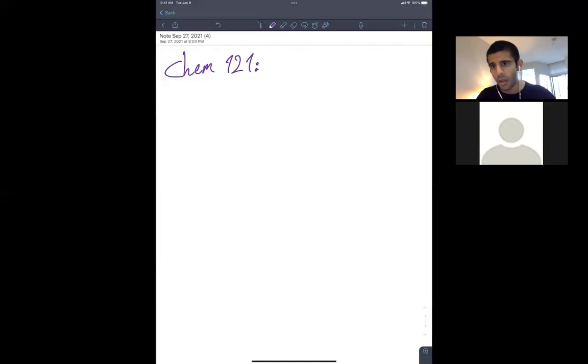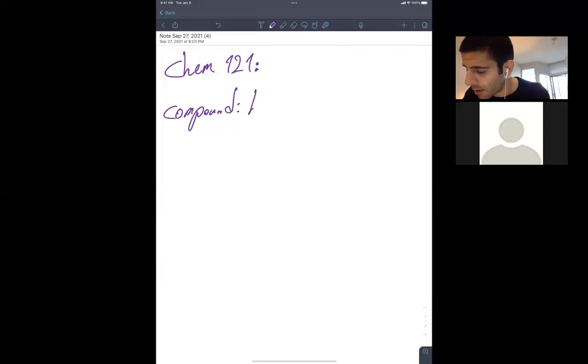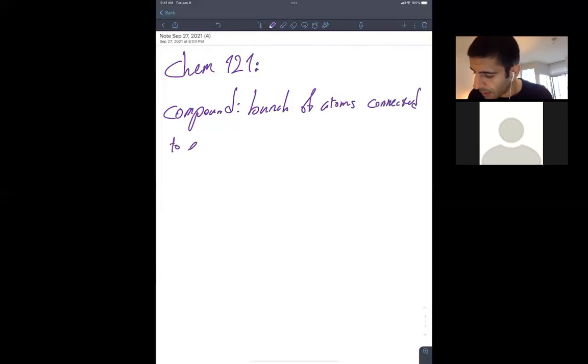When you look at your textbook, it's going to start with compounds. When we say something is a compound, it's just a bunch of atoms connected to each other.